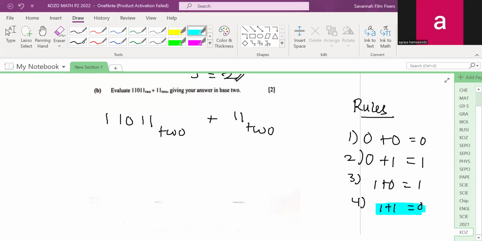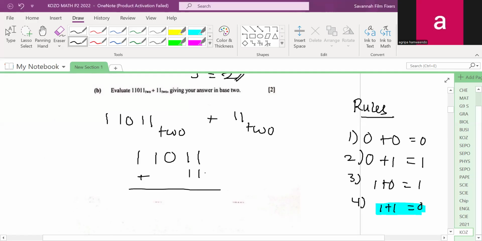So if we arrange these in order, we'll have 1, 1, 0, 1, 1, plus like that. So we're adding in binary. So the first one, 1 plus 1 will be 0, but we carry 1, which is the remainder. Then here, 1 plus 1, it's 0, carry 1, but there's this other one, right? So we have to add it together here.